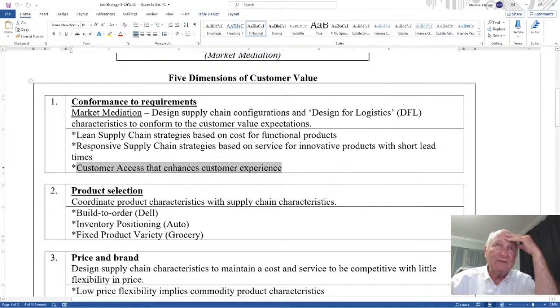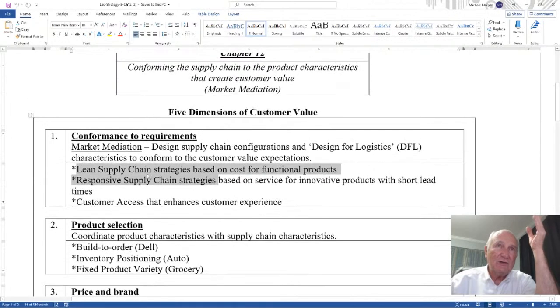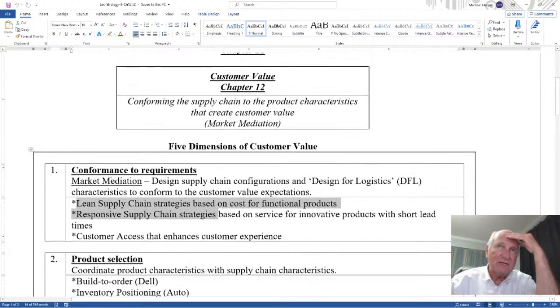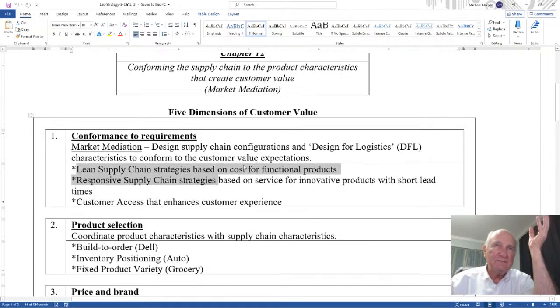So the idea here is that this is lean supply chain, responsive supply chain, or agile. We're going to see these in much more detail the last half of the course. So the lean supply chain and the responsive or agile supply chain is going to be key in achieving customer value objectives.